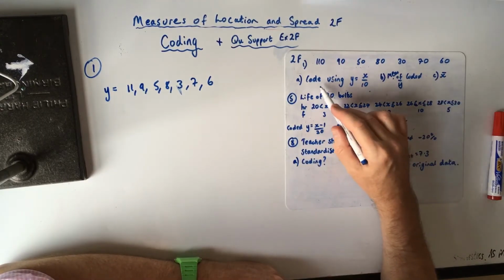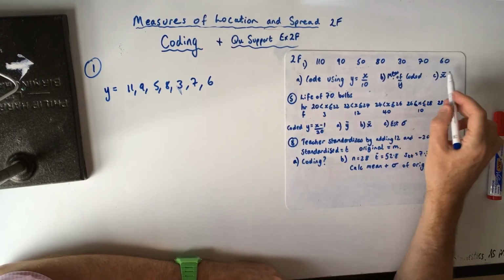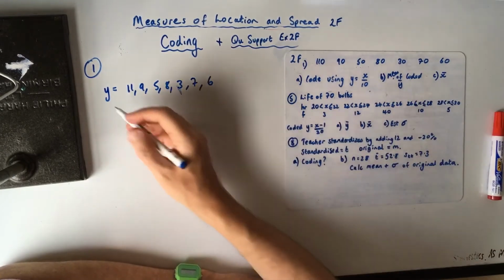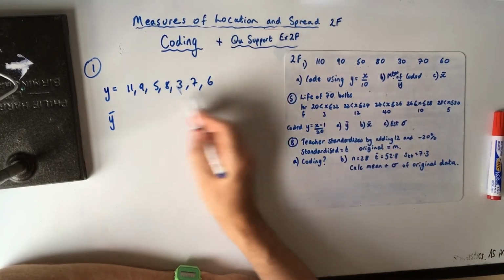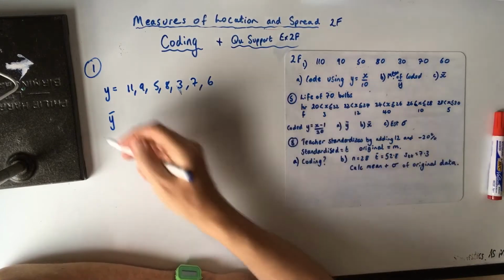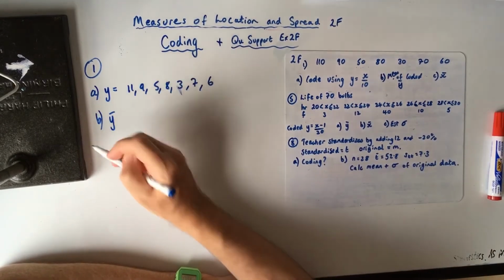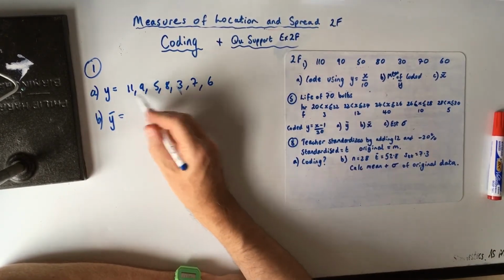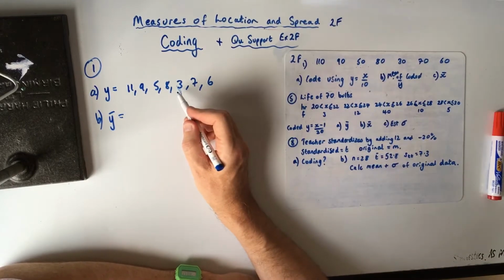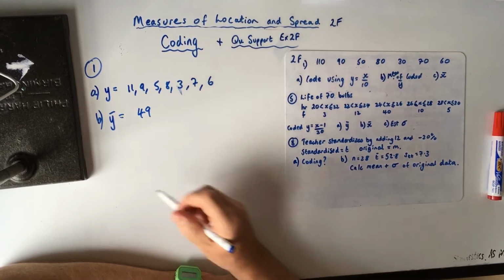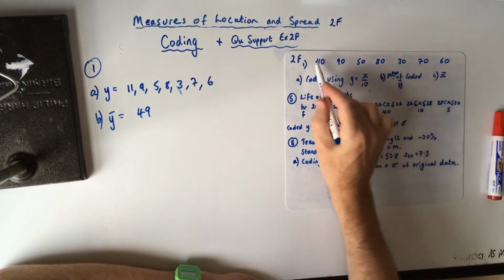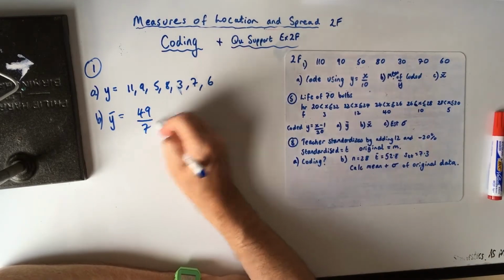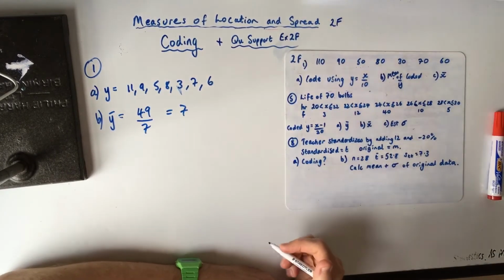So we've coded them now, and we want to find the mean of those coded numbers. That was part B. The mean of those coded, well, it's all of that added together, and they add together to give you 49. And there's 1, 2, 3, 4, 5, 6, 7 numbers. So divide by 7, so it's 7. So 49 divided by 7.